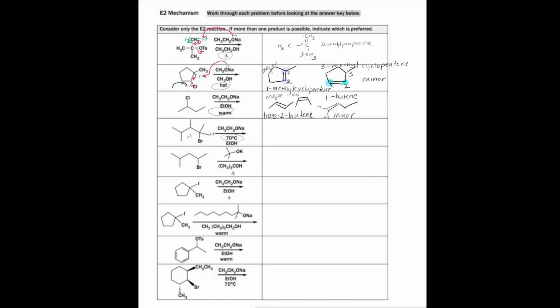We're going to remove each of those beta hydrogens in turn and make a new pi bond between the beta and alpha carbon. We have this as one of our products. And if we remove one of the methyl groups, then we have this as our product.